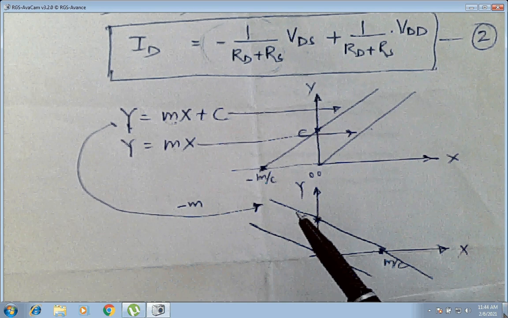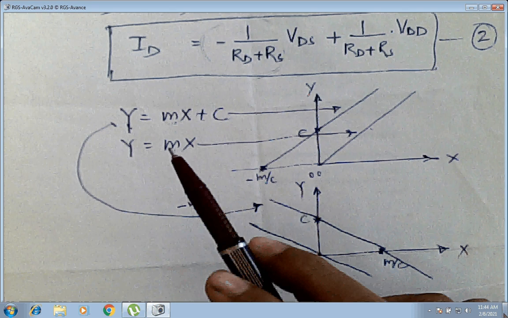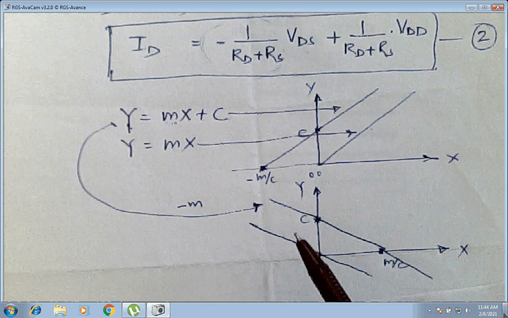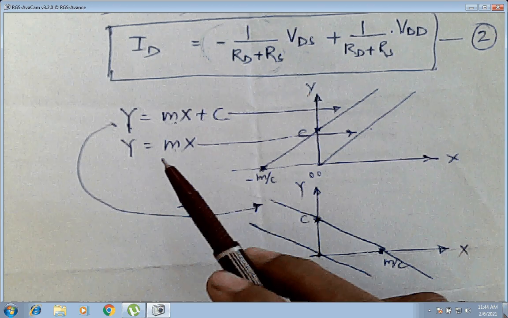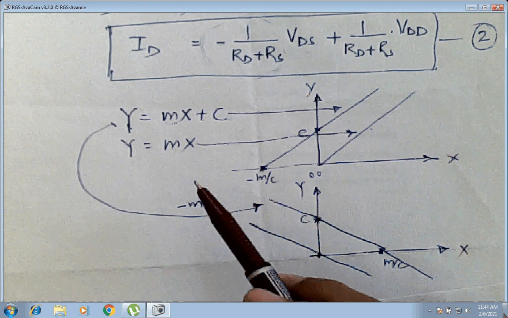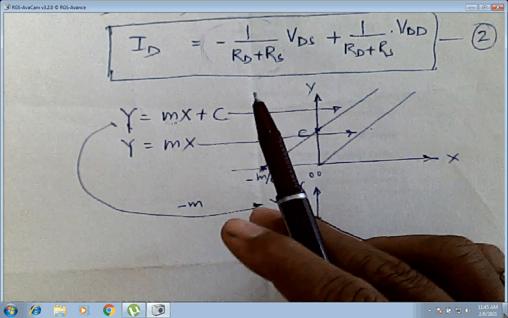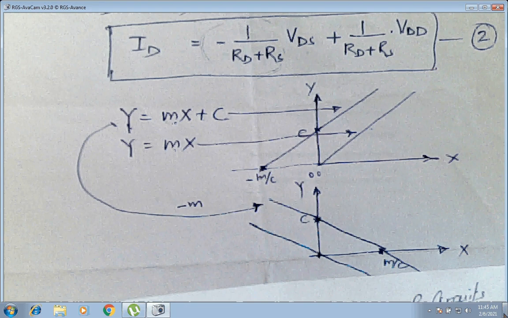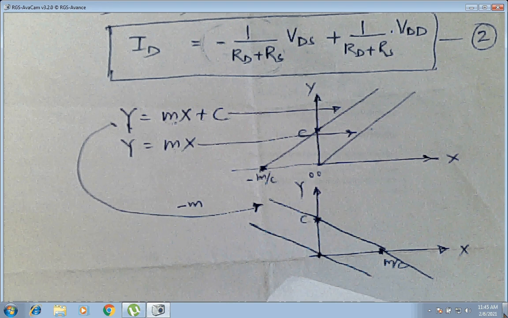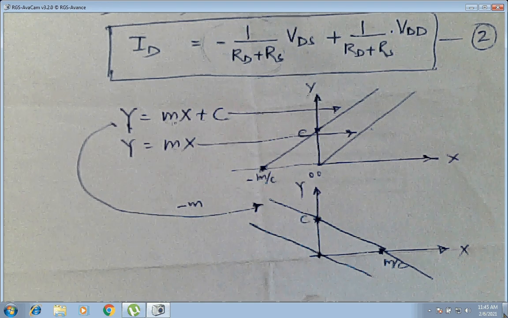This line is for y equal to mx plus c, and this line is for y equal to mx, and in both cases m is negative. This is our second equation where m is negative, and this is our first equation where m is negative.